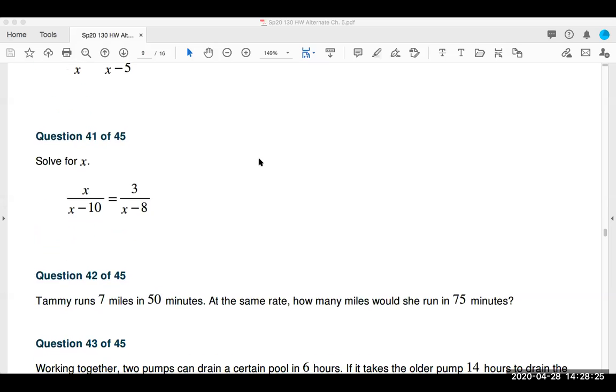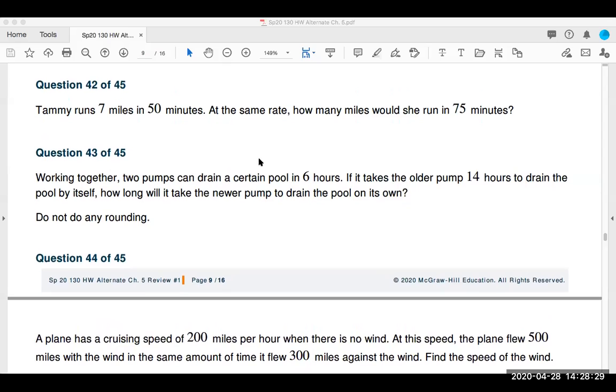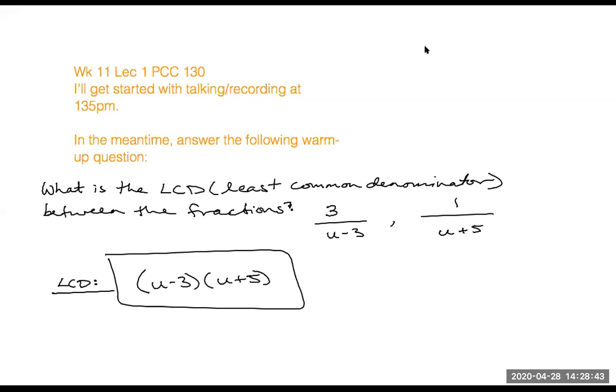Okay, 42. Tammy runs 7 miles in 50 minutes. At the same rate, how many miles would she run in 75 minutes? Okay, so let me do a new share here so we have more room. Okay, so Tammy, this is number 42.